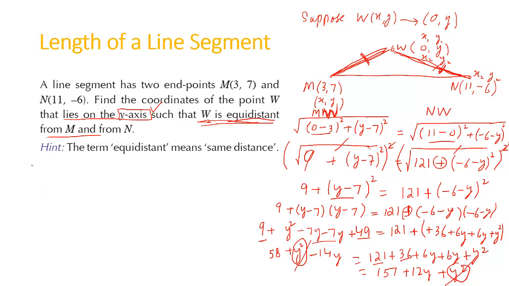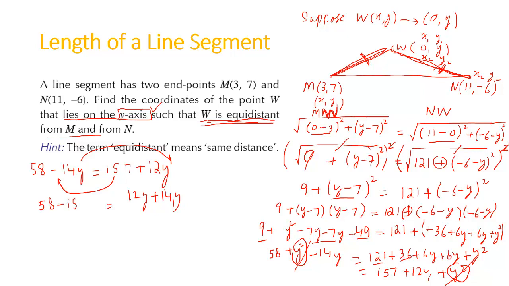Now we have 58 minus 14y equal to, on the other side, 157 plus 12y. Bring this 14y over here, so 12y plus 14y, and bring this over here, 58 minus 157.